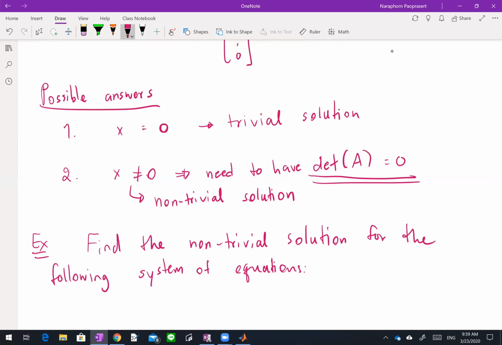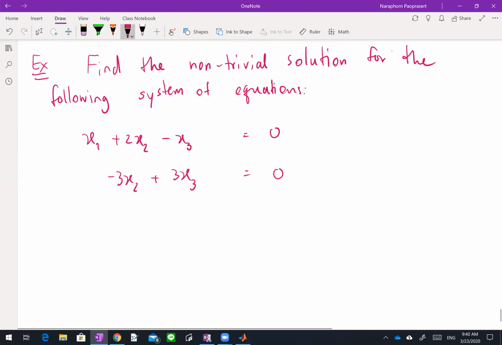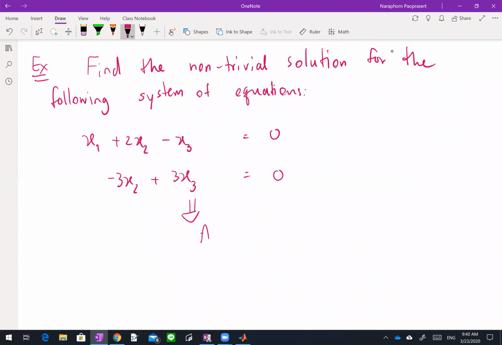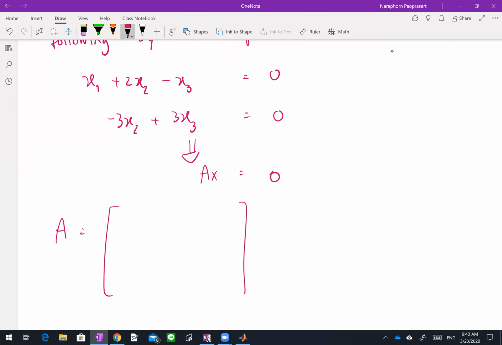We have the system where x1 plus 2x2 minus x3 equals 0, and the second equation is minus 3x2 plus 3x3 equals 0. In this case, we have 2 equations and 3 unknowns. If you write it in terms of AX equals 0, your A is the matrix containing 1, 2, minus 1; 0, minus 3, 3; and 0, 0, 0. And your B vector is 0, 0, 0.